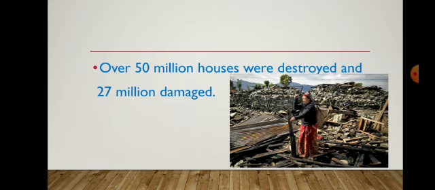Even after this earthquake, people were afraid to return to their houses because the houses were not safe now, isn't it? So they remained in makeshift tents along roadsides and stayed in their friends' or neighbors' houses.